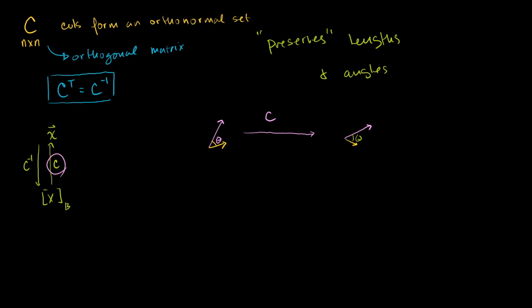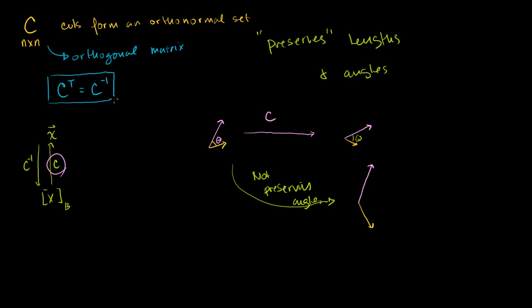If we didn't have this case, we could imagine a transformation that doesn't preserve angles. Let me draw one that doesn't. If this guy got a lot longer, and this guy also got longer, and not only did it get longer, but it got distorted a little bit, so the angle also changed. This transformation is not preserving angles.